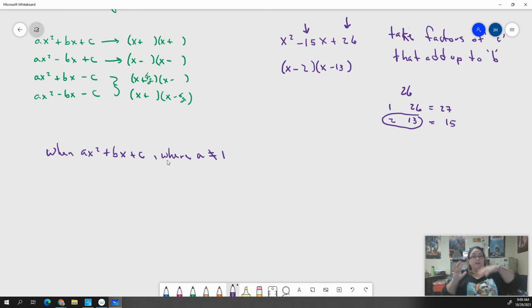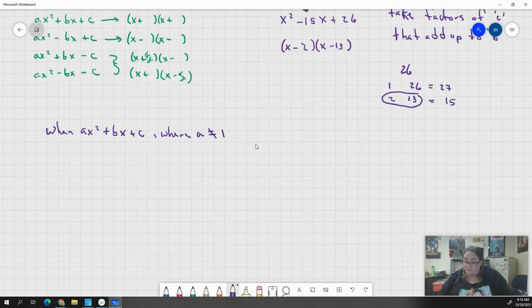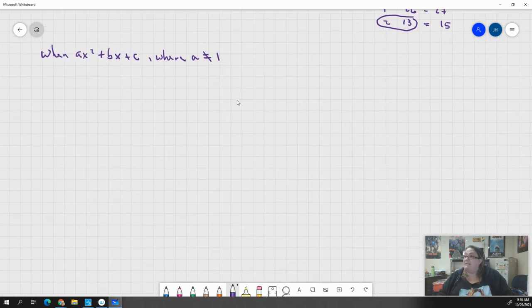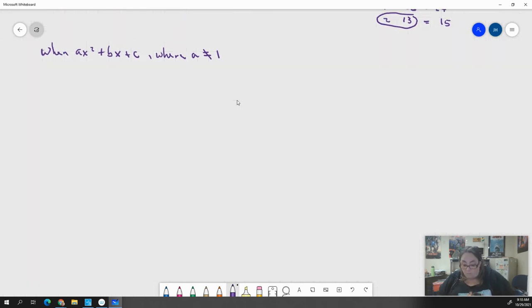Everything we've done up to this point, our a value was 1, which is how we were starting off with x squared and nothing in front of it. Now we're going to talk about what happens when that a is no longer 1.